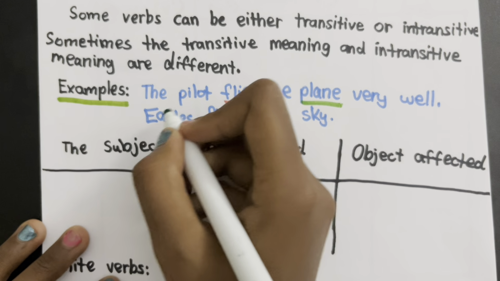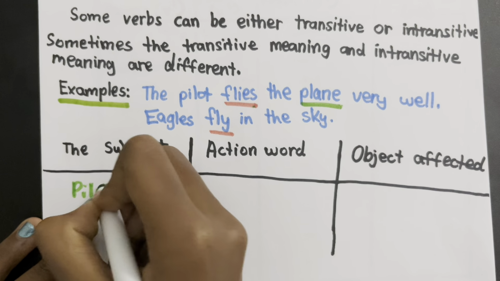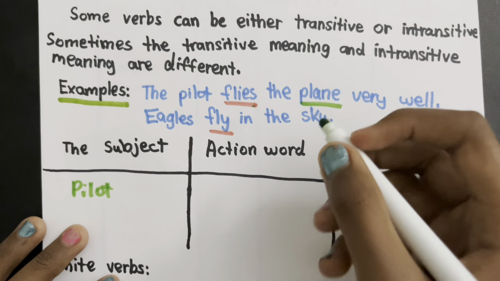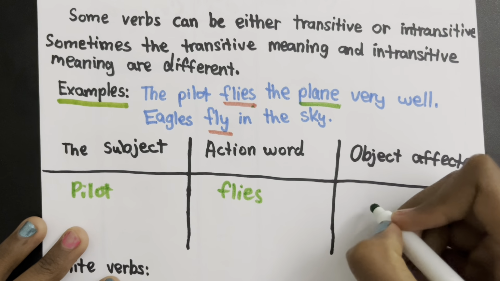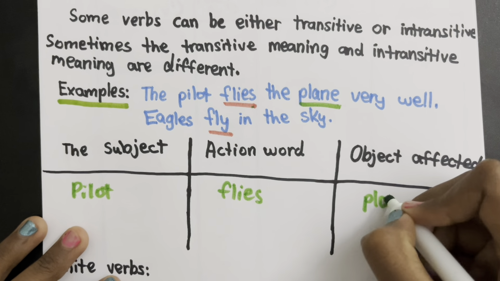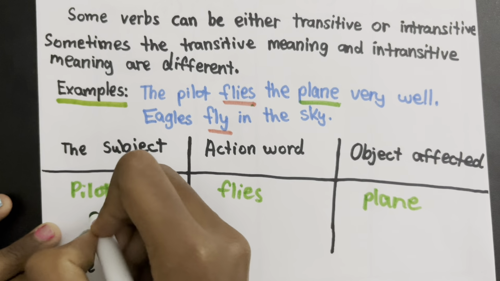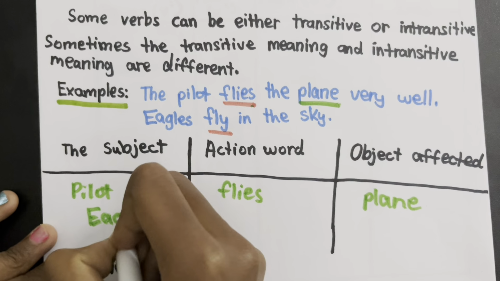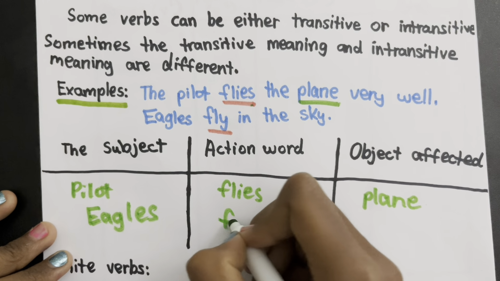In the first sentence, the subject is pilot, the action word is flies, and the object is plane. In the next sentence, the subject is eagles and the action word is fly.